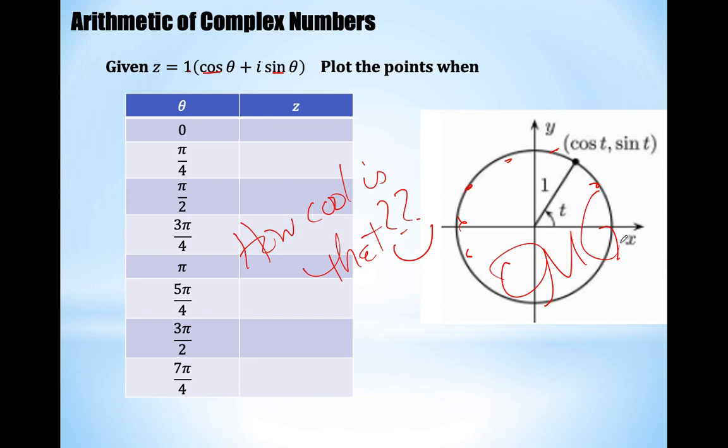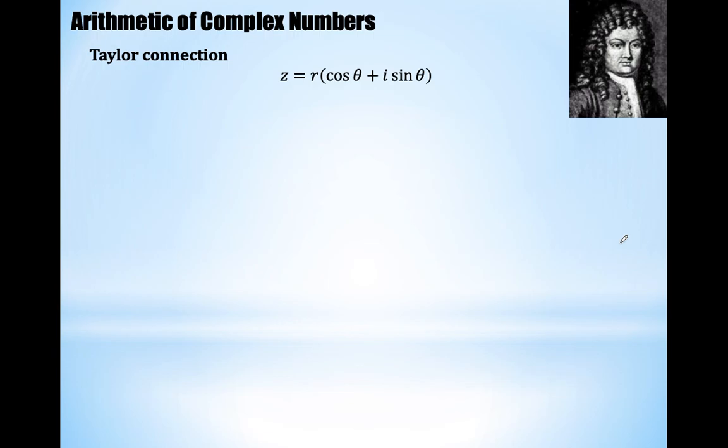Watch this. Hi, Taylor. What up? So remember the warm-up? The Taylor connection? Right? So here is a complex number in polar form, but it's got cosine and sine inside of it, right? So what is the Taylor series for cosine?